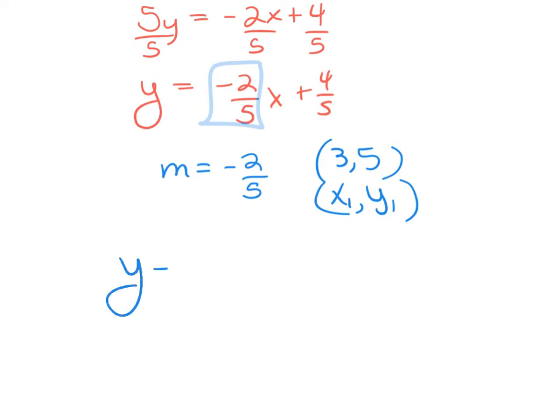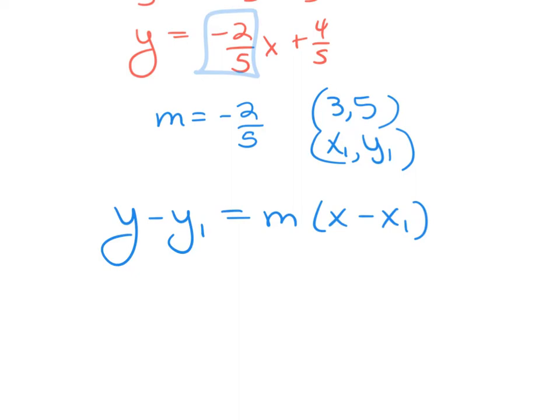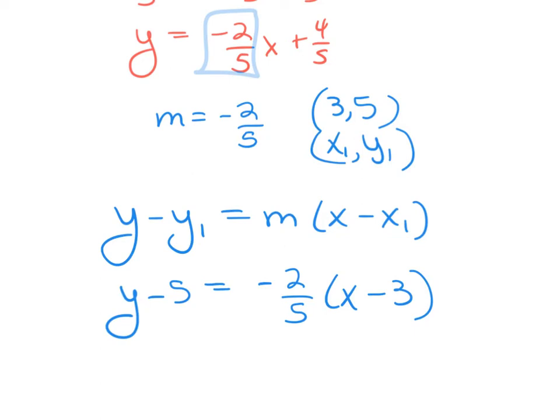So y minus y1 equals m times x minus x1. Let's plug in the 3 pieces. So y minus 5 equals -2/5, x minus 3. If it asks for point slope, we stop here.